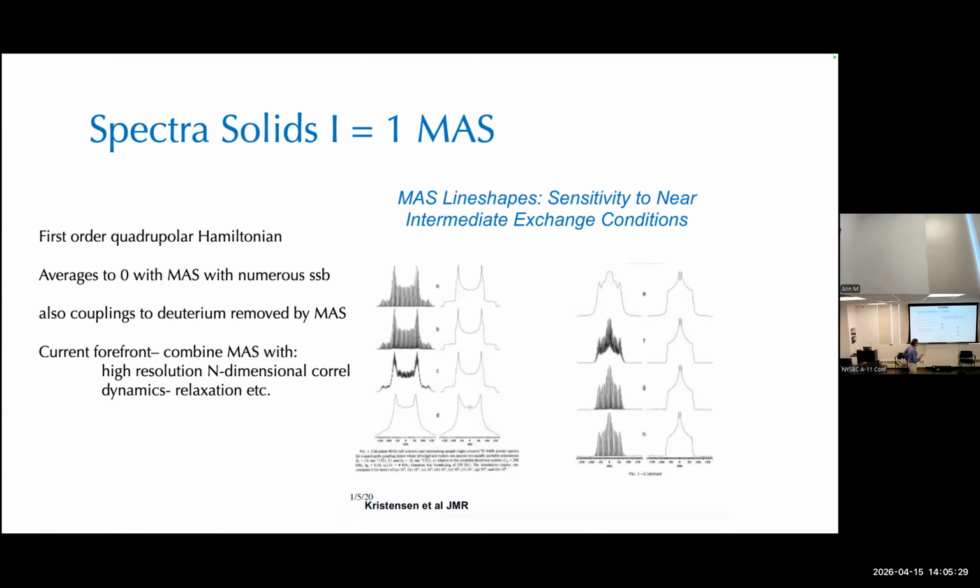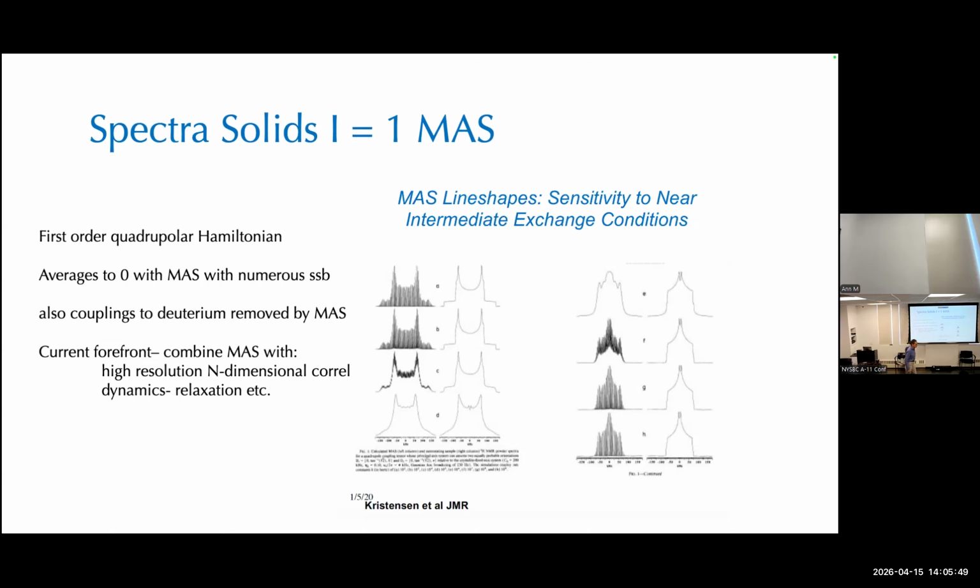Some of the first work of the kind was done by Bob Gold, who's a real hero of the deuterium NMR literature, looking at MAS line shapes and showing that they're actually even more informative than corresponding static line shapes. So this is a whole paper that I'm citing here.